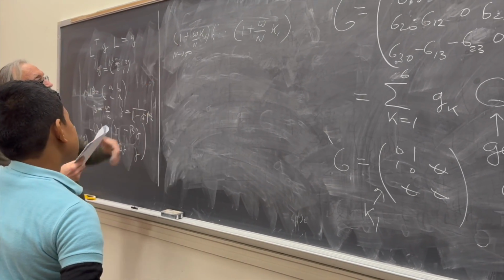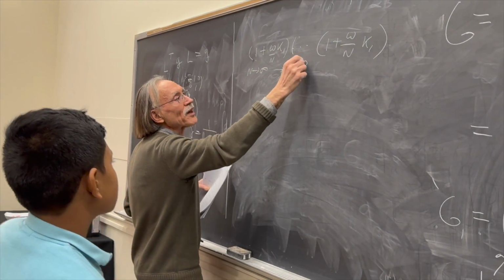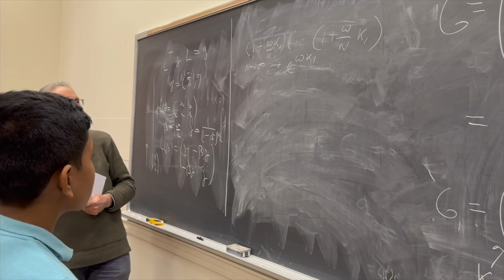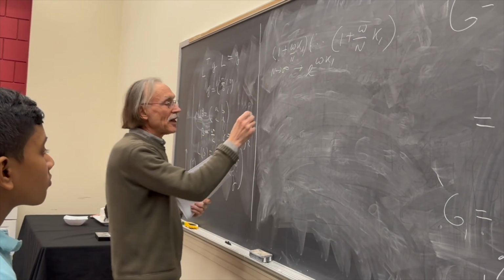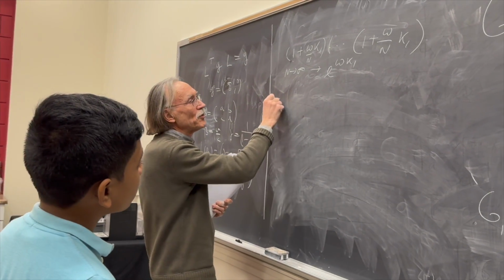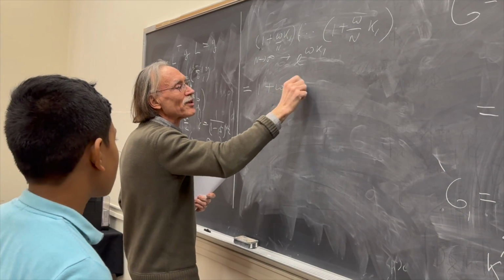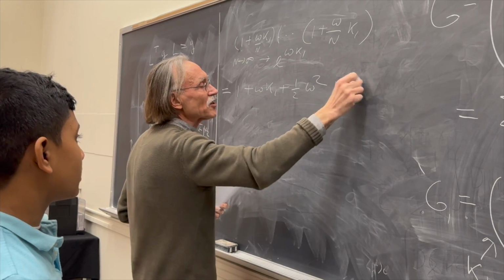So these are very small, so that means that this goes to e to the power omega times k1. And what is e to the power omega k1? We do that by Taylor expansions, 1 plus omega k1 plus 1/2 omega squared k1 squared.